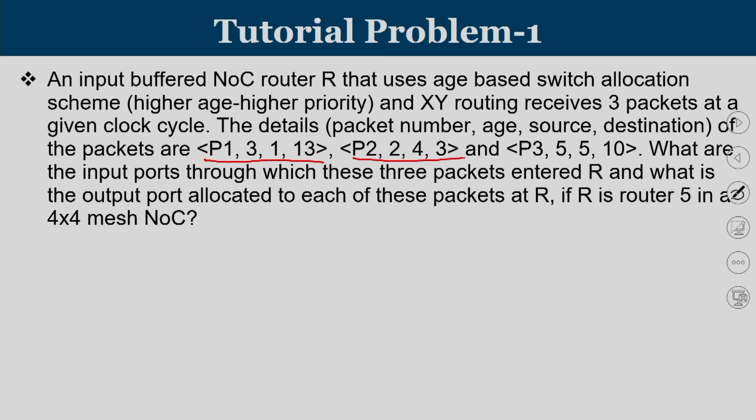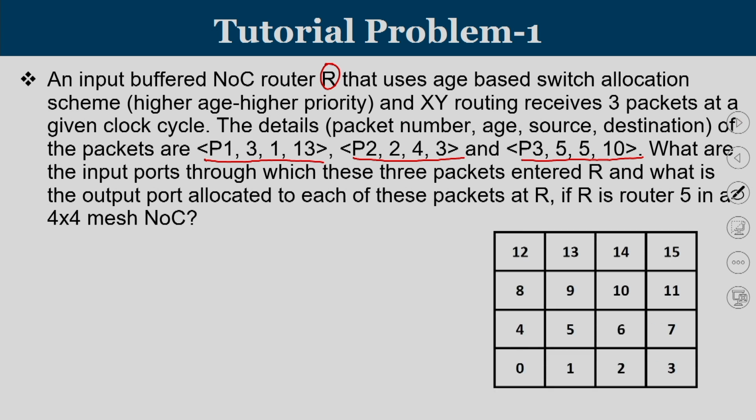P2's age is 2, from 4 to 3, and P3's age is 5, which is coming from 5 to 10. What are the input ports through which these packets entered R, R being the router that we talk about, and what is the output port allocated to each of these packets at R?